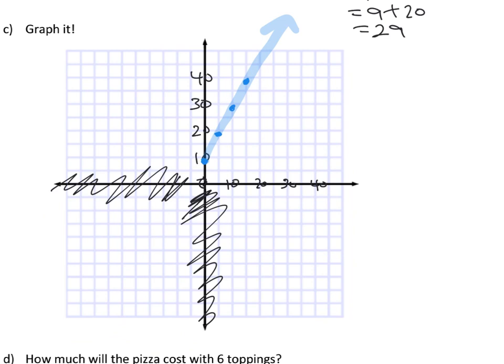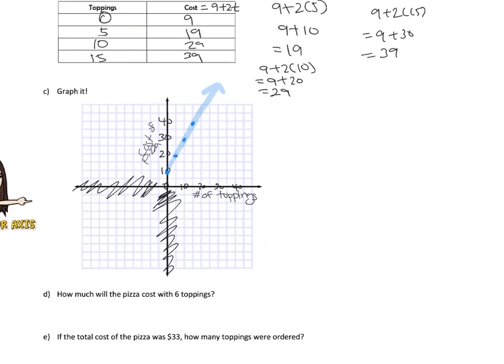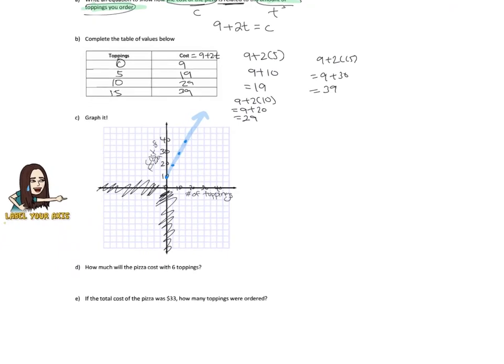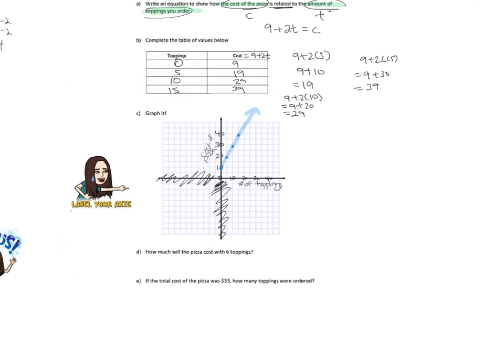So our x-axis told us the number of toppings, and the y-axis was the cost of pizza. Let's write that down here up on the side.